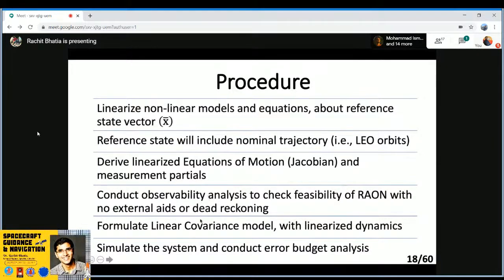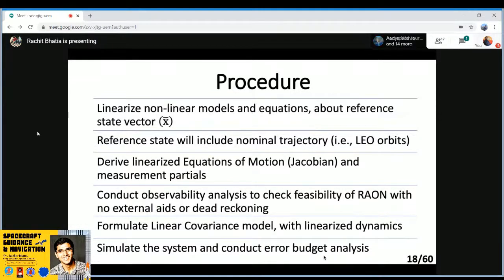Then if it is feasible, the other question I want to answer is: okay, I can do this, but I need an accelerometer with a noise level which is not possible, or I need 8 accelerometers, 10 accelerometers. Using linear covariance analysis, or error budget analysis, I'll answer that question.